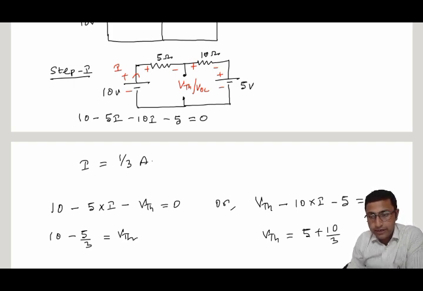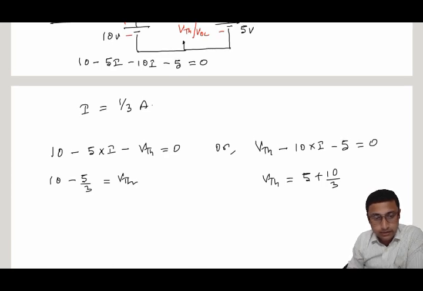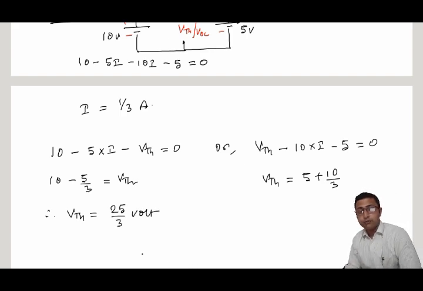If you calculate, you will find VTH is 25 by 3 volt from both sides.